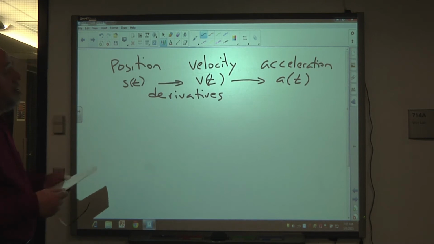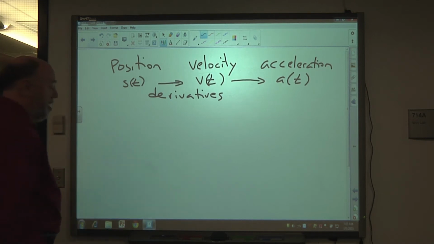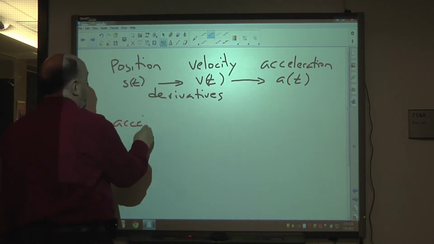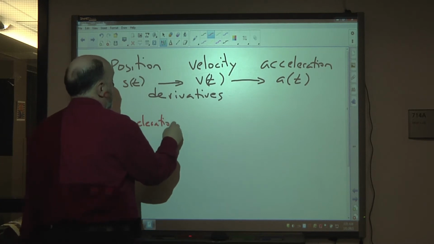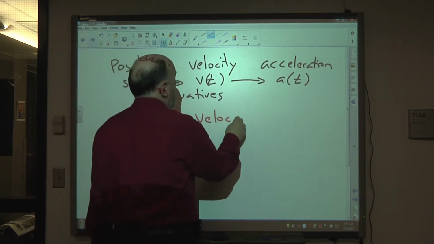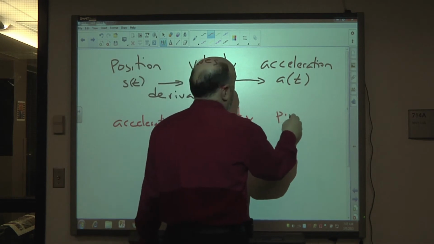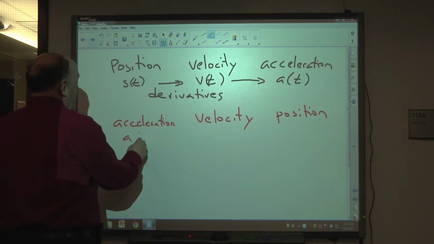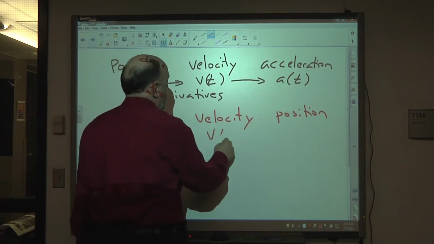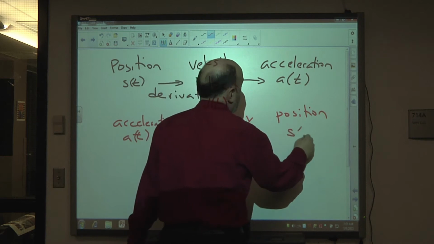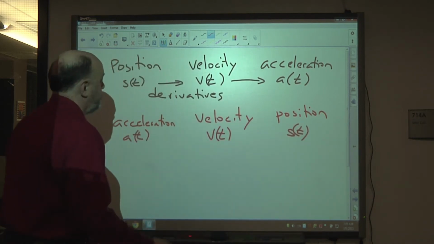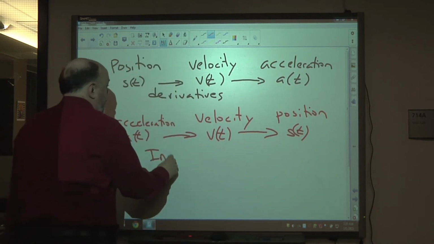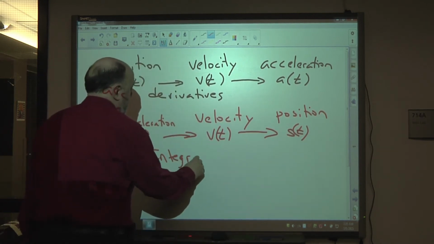But now, if we think about going in the opposite direction, we start out with acceleration, end up with velocity, and then end up with position. So again, this is A of t, this is V of t, and this would be S of t. When we go this way, we do the opposite, and we integrate.